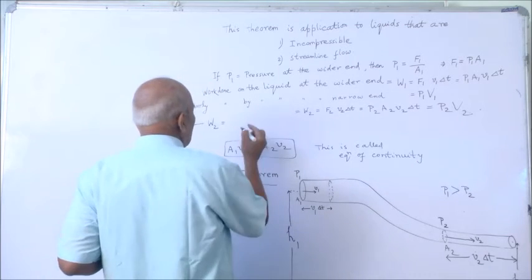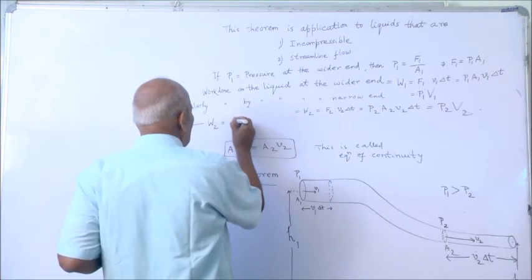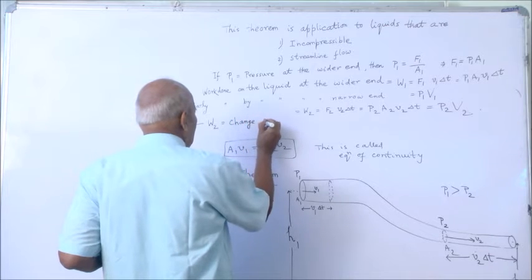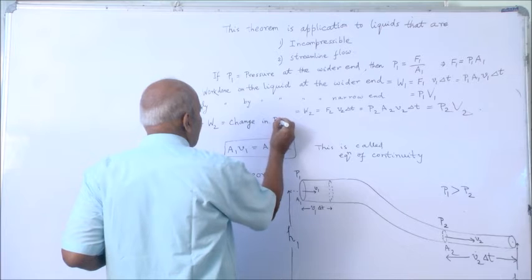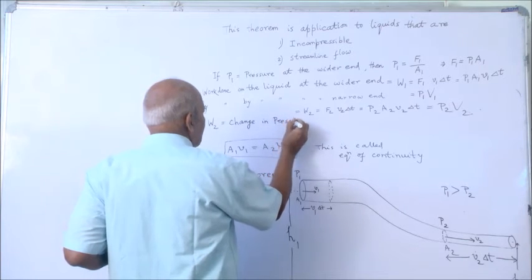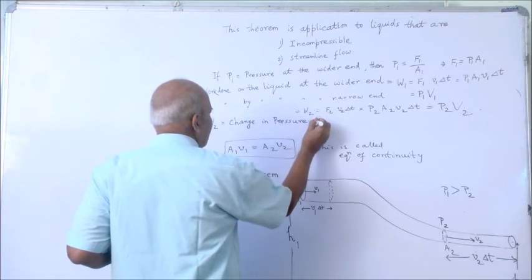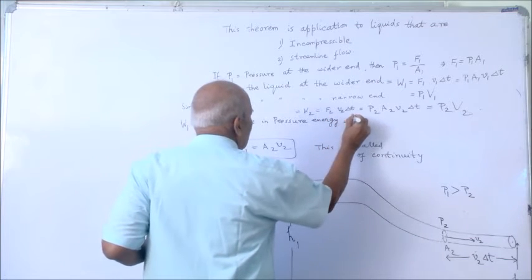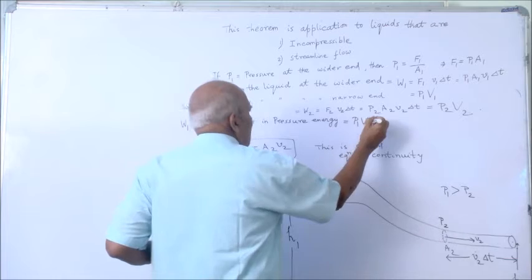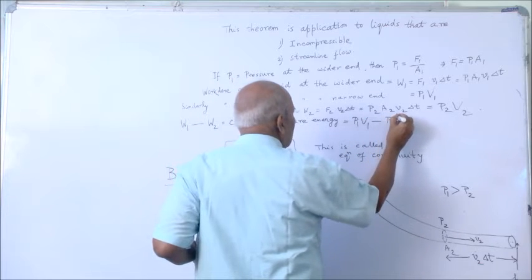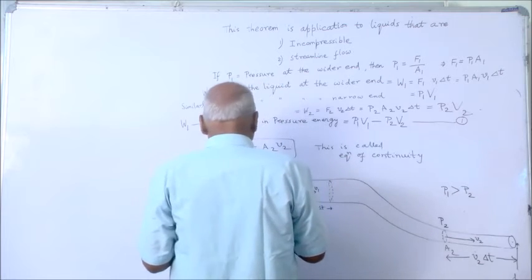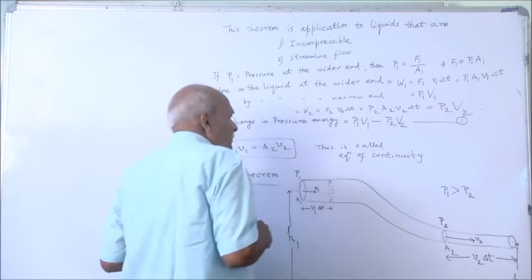So, W1 minus W2 is equal to the change in pressure energy, which is equal to P1 V1 minus P2 V2. Then the question is, what happens to this energy?